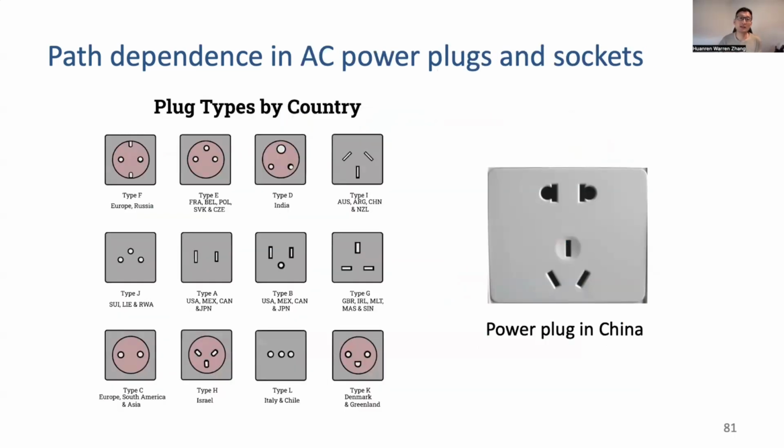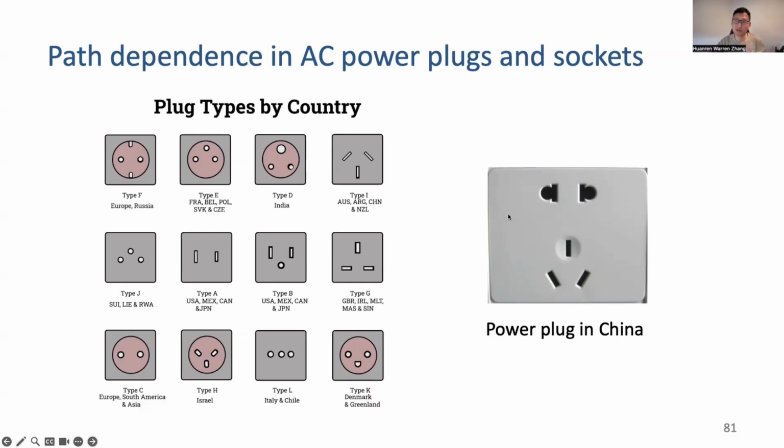So look at these AC power plugs. If you travel internationally, you probably will notice that you likely need a plug converter so that you are able to plug your laptop into the socket locally. So why is that the case? It's again because of path dependence. One interesting case is China, which actually has a very inefficient design of power plug.